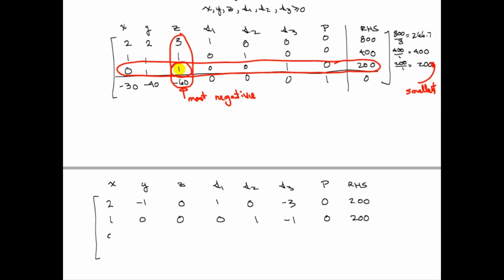Third row, 0, 1, 1, 0, 0, 1, 0, 200, and then last, -30, 20, 0, 0, 0, 61, and 12,000.